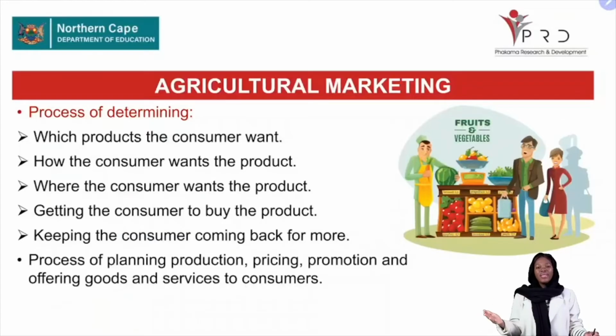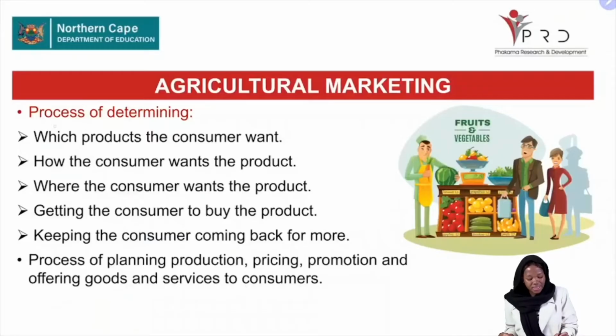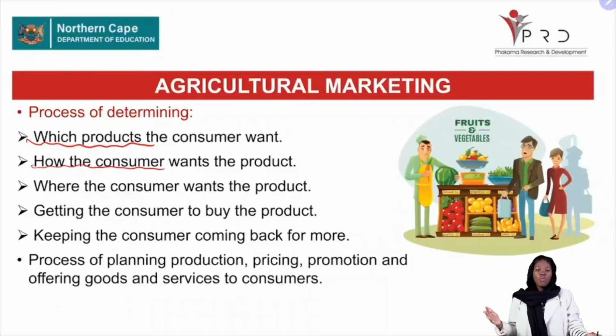Now, what is agricultural marketing? How can we define agricultural marketing? Agricultural marketing is a process of determining, we just want to find out, which product the consumer wants, how the consumer wants the product, meaning we want to determine the shape and the size, as well as the texture.